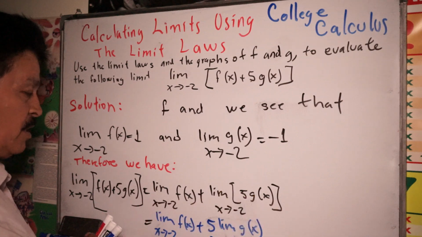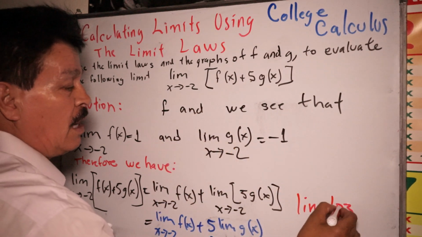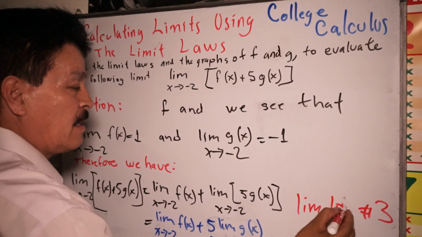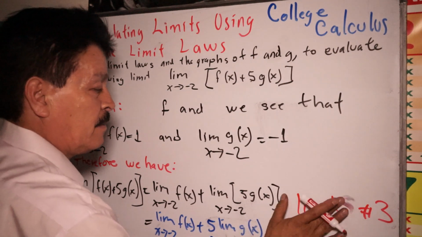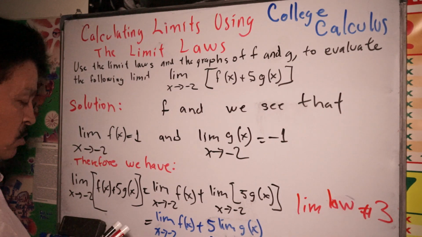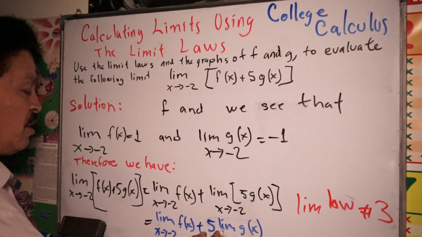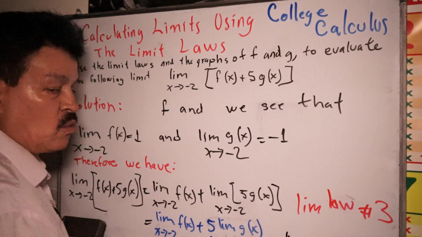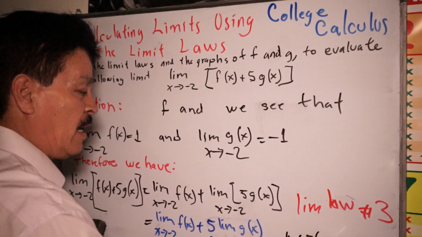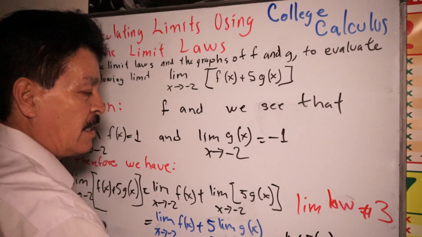Remember the 3? We explained it. Now if you simplify this, we have 1 plus 5 times -1, which equals 1 minus 5, which is -4.